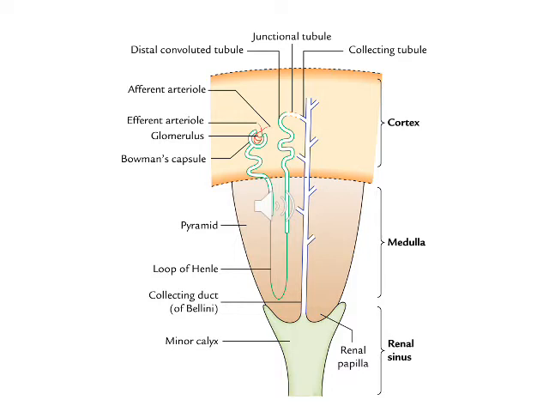These nephrons have a part called the glomerulus, situated within the cortex. And the loop, collecting tubules and collecting ducts are mainly situated in the renal medullary part. These collecting tubules and collecting ducts open into the renal papilla and then into the minor calyx.